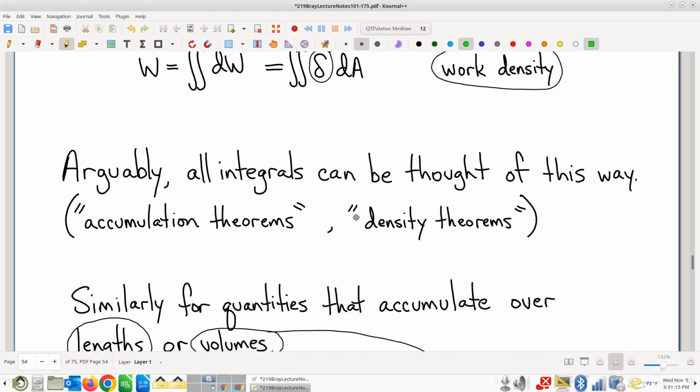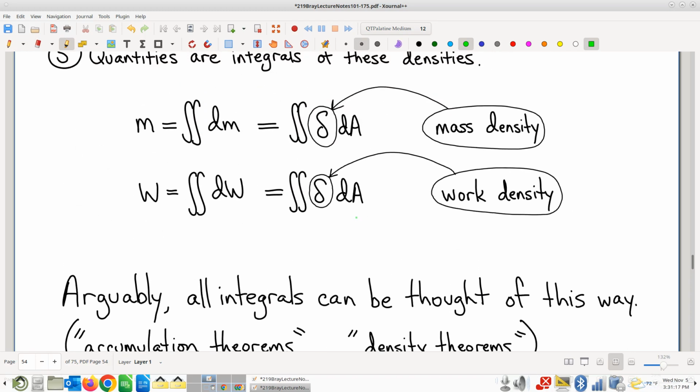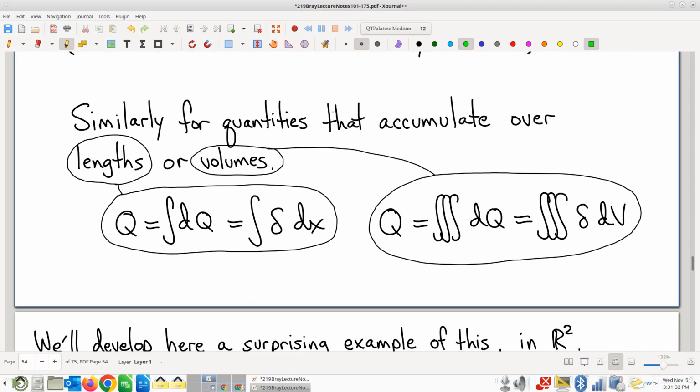Okay, and then last comment. Everything I did here, I did in terms of double integrals over areas, just so that I could have an example to draw pictures of. And our first example will be two-dimensional, appropriate to this. But you can also talk about accumulation over lengths. You can talk about accumulations over volumes. And analogously, for example, let's look at over volumes.